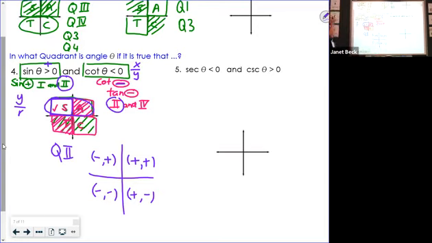And let's go through question 4 again, using this method instead of angry Santa. If sine is positive, it means my y must be positive because r's are always positive. So I want the ones where y is positive. I want this one and this one. Don't want those.